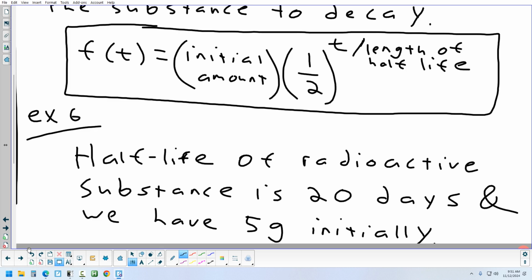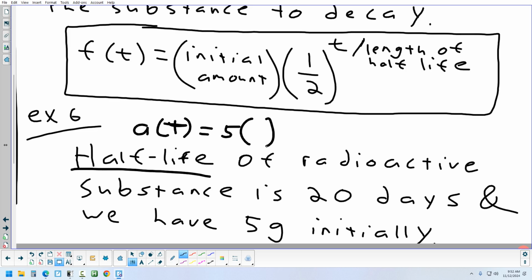So what would that be as, let's say, the amount of our substance as a function of time? What's our initial amount? Yeah, our initial will be 5 grams. And this is a half-life problem. So what's going to go in parentheses to take into account that it's a half-life?